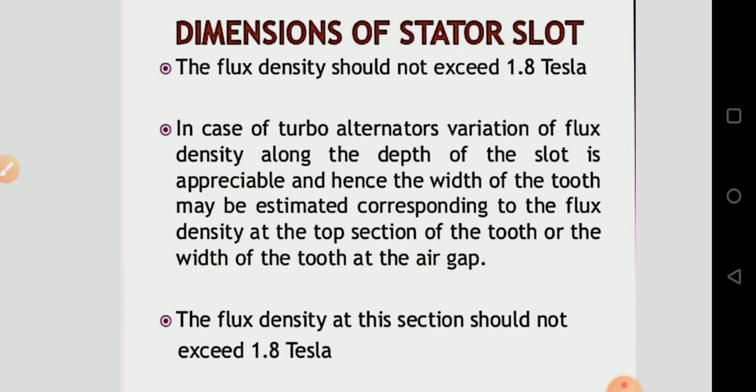In the case of a turbo generator, or alternator, the width of the tooth is estimated at the top section, or maybe at the air gap, because in a turbo generator the variation of flux density along the depth of the slot is appreciable.